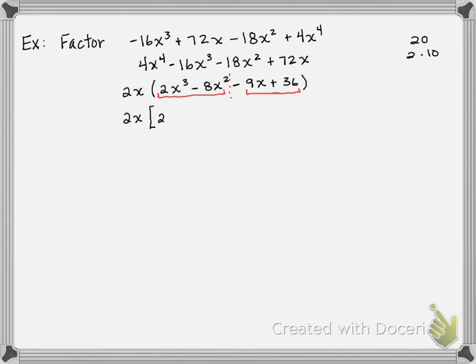I can take x squared out of the first group, and I get x minus 4. And then there's subtraction between my groups, common factor of 9, so I'm really taking out a negative 9, and I get x minus 4.